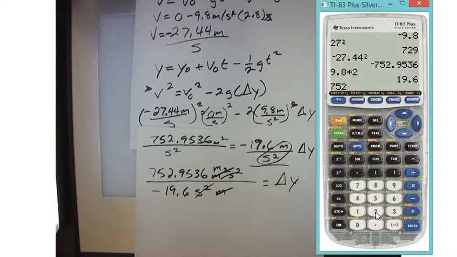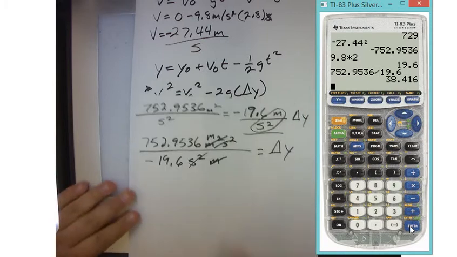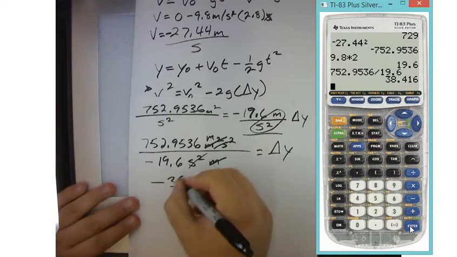And so now, if I take 752.9536, and notice Mr. Adams entered it in, I should have put this in parentheses, 752.9536 divided by 19.6, I've got 38, but it's a negative 38 because the displacement is in the negative direction.